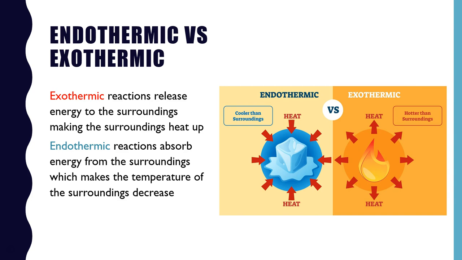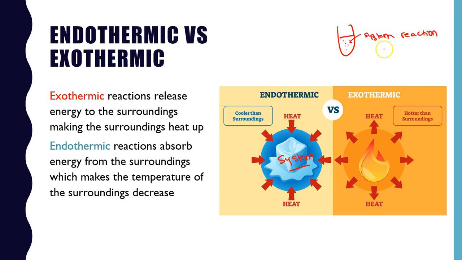our system is. Okay, so if we think about the system, it is the reaction itself that is occurring, but then the surroundings is everything other than that reaction. Same with exothermic. So if I have a reaction that is occurring in solution, then the system is the reaction itself, okay?